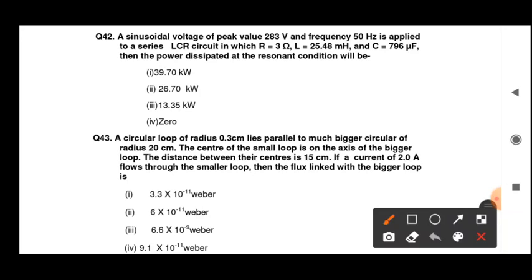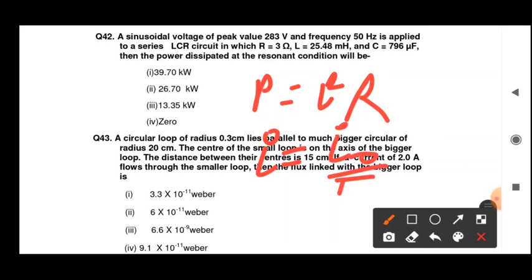The power dissipated is given by I square R, and first of all we have to find the value of I. That is the RMS value, so I is I0 by root 2, and I0 you can find from the peak value as V0 upon R, so I is V0 upon R into root 2.